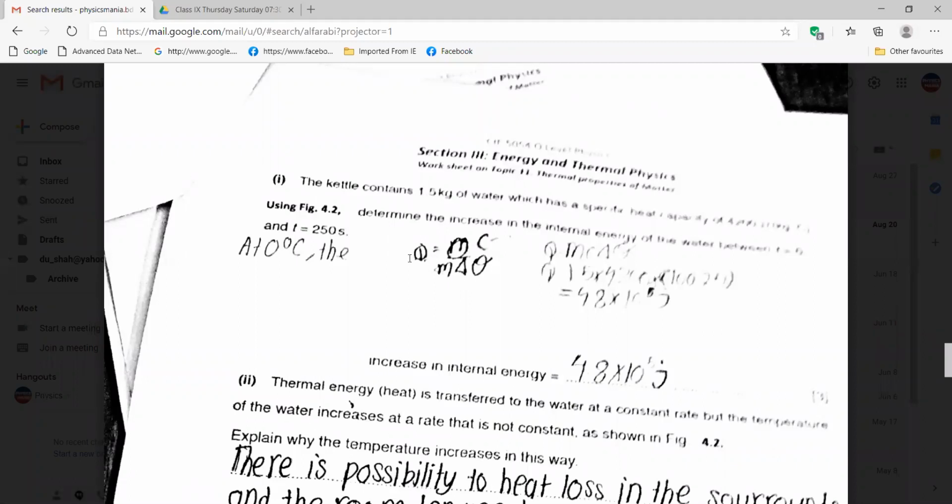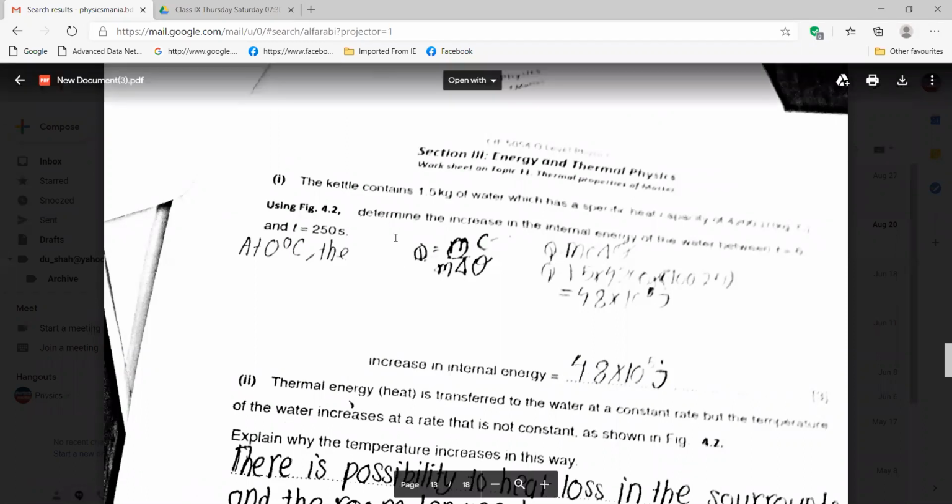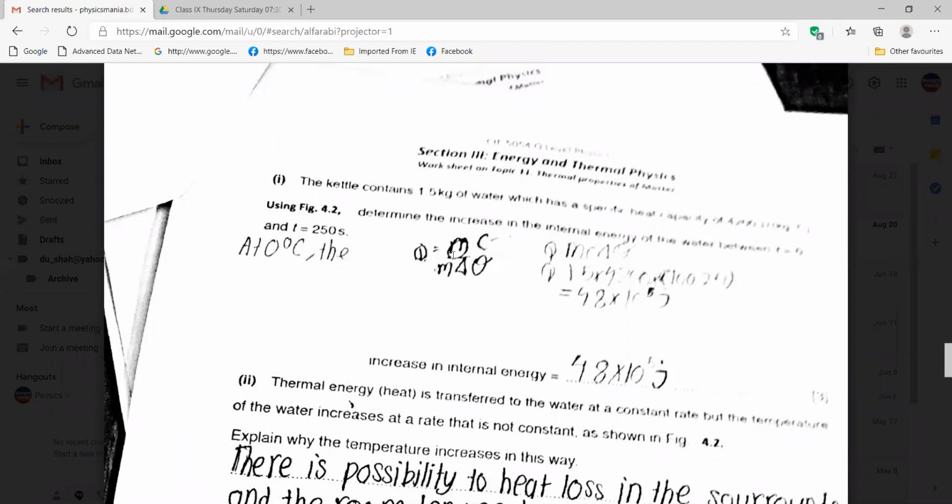So you correct it: C equals Q by m del theta, okay? The right side is okay, Q equals mc del theta, but the left side you made a mistake. You cut it and write here C equals Q by m del theta. Did you correct it? Yes, sir.